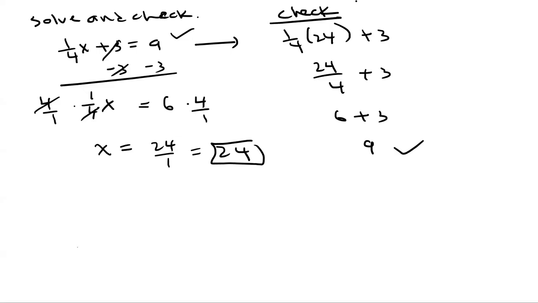Okay, so the next question is going to be really vital to understanding this whole topic. I'm going to use this next question to expand, hopefully, your knowledge of this. Again, same thing, we want to solve and check. So let's look at this problem. We have 12x minus 6.